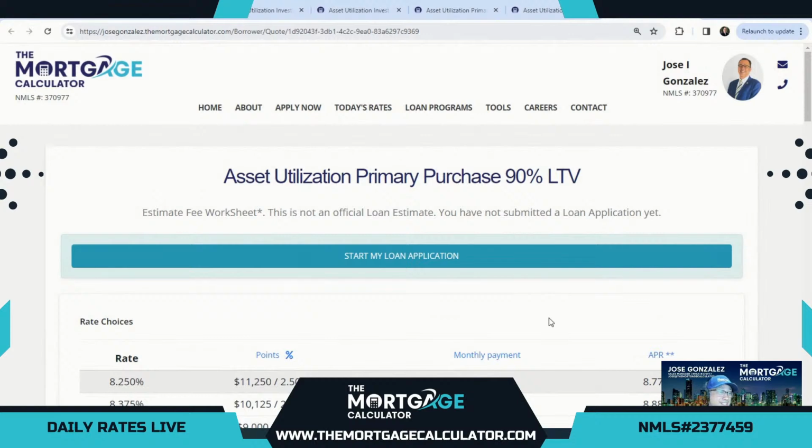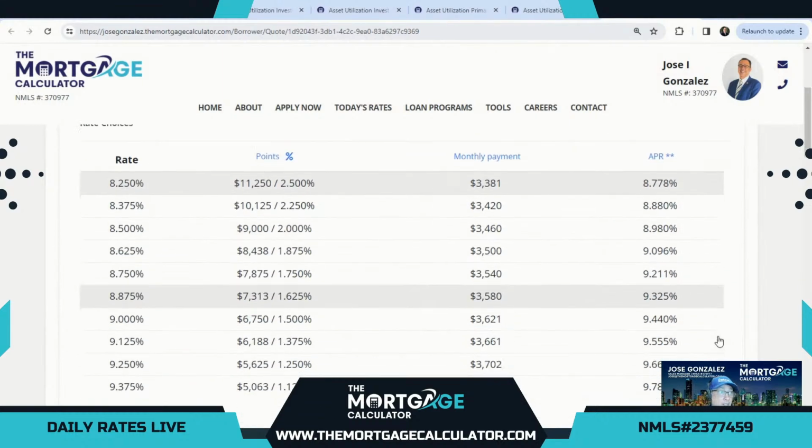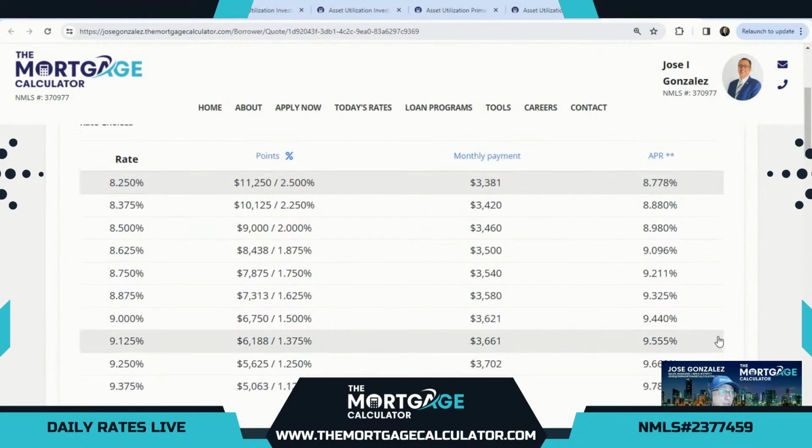So there is a certain amount of seasoning, the time that they want on the assets being owned by the borrower. So at the 90% option, never any mortgage insurance either on non-QM, you're looking at 9.375 is our lowest cost option.